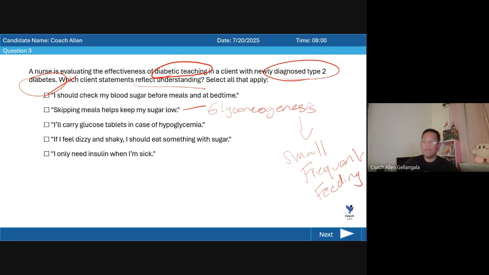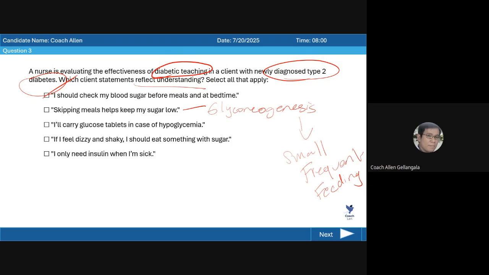You're not going to say, I'm going to stop whatever I'm doing at the moment, and I'm not going to eat, I'm going to starve myself, because I think that would be a better option. Of course not. The biggest problem you're going to have afterwards is that your sugar could be increased. So, letter B is not a correct answer.